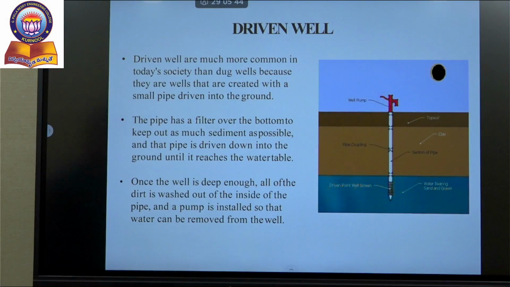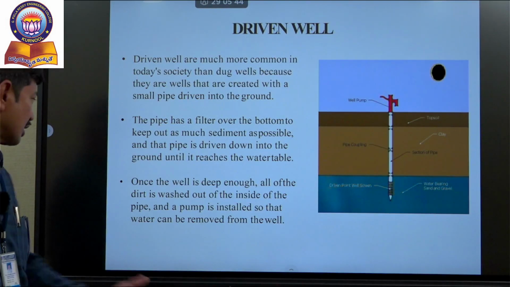Next is a driven well, that is a bore well. Bore wells extract water from different layers. The yield is more when compared to an open well. The pipe has a filter over the bottom to keep out as much sediment as possible, and the pipe is driven down into the ground until it reaches the water table.